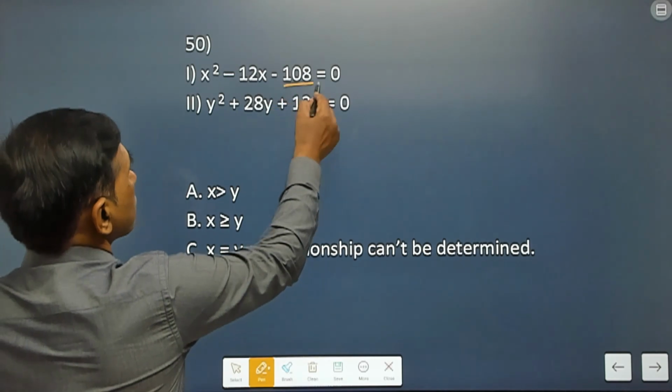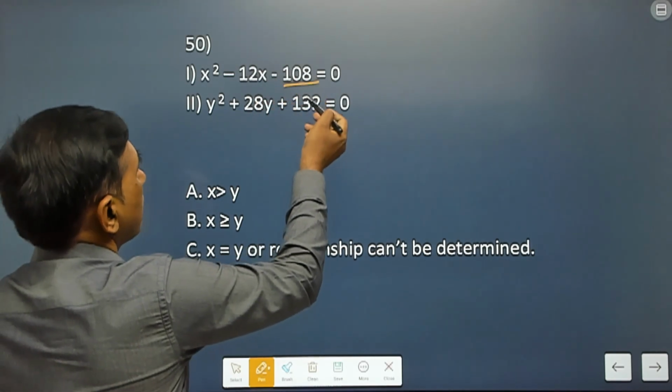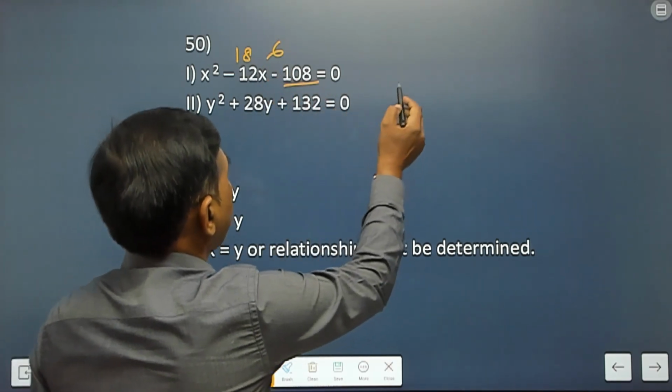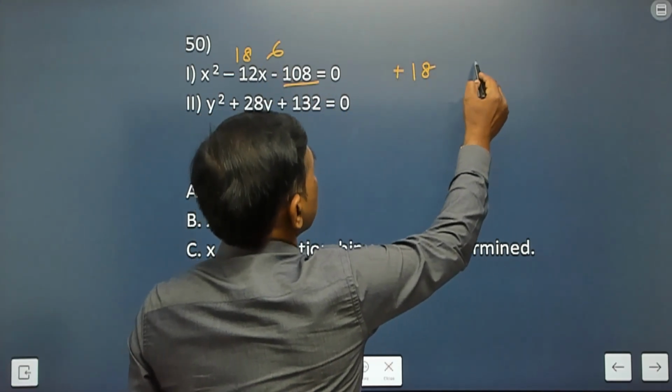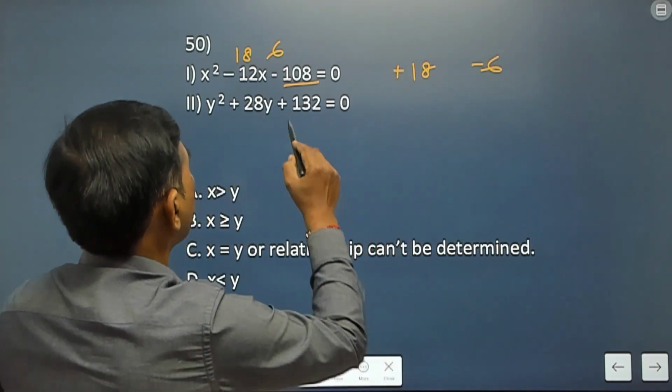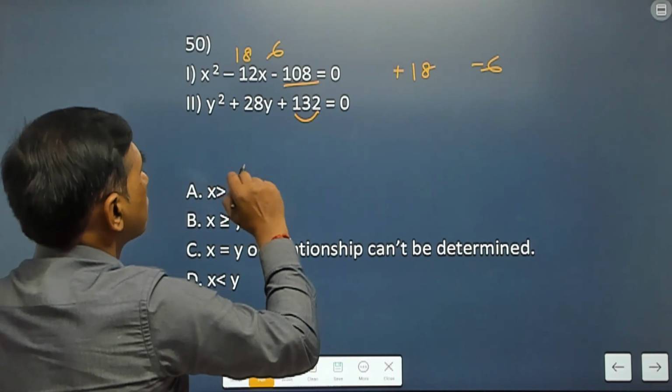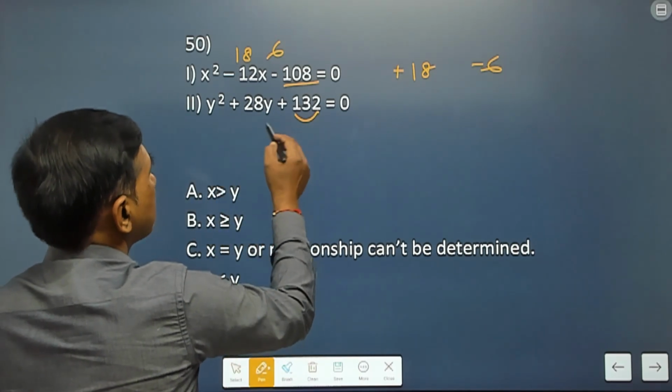This is 108. So maybe 18 and 6 we can say. Minus minus. So plus 18 minus 6. 132, it has 11. So 22 and 6.